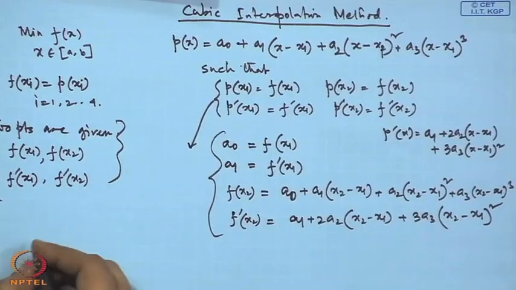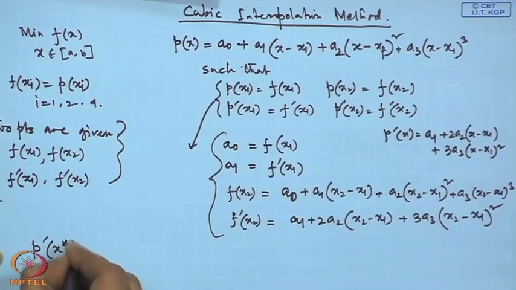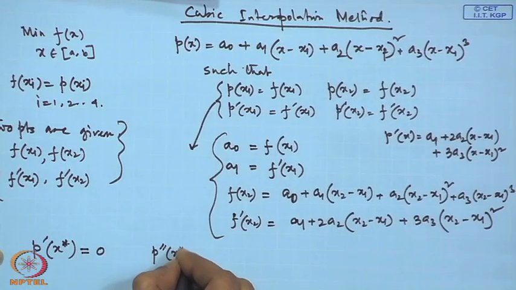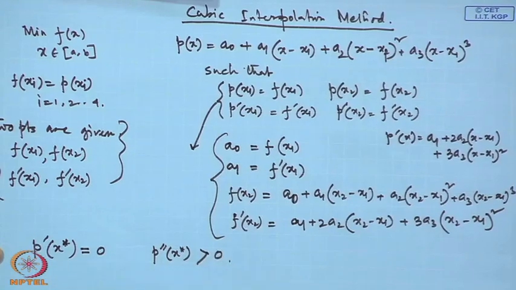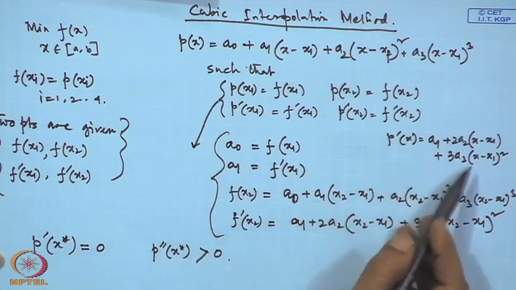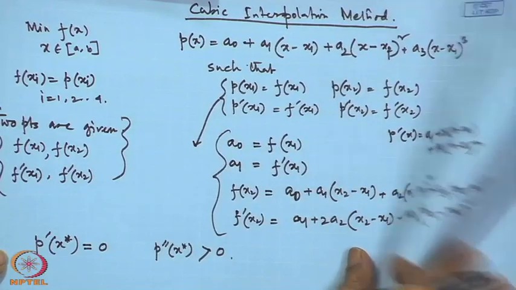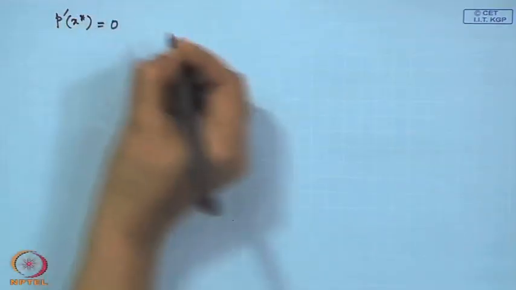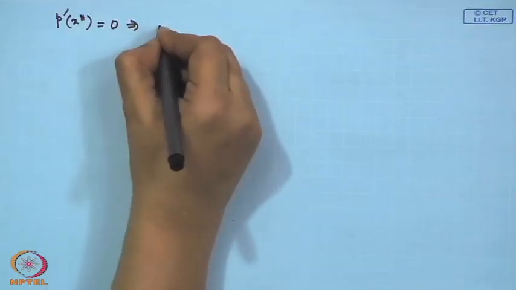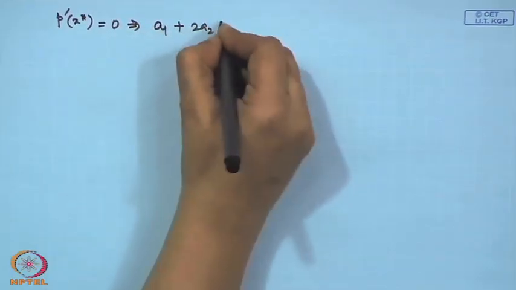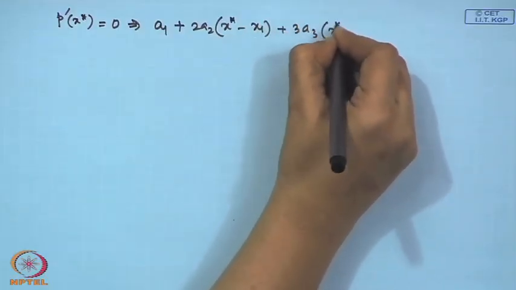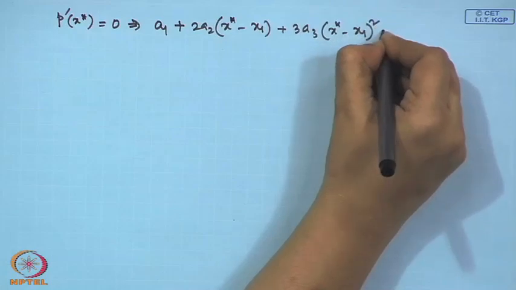Again, we declare the necessary condition for an optimum: P prime x star is equal to 0. Not only that, for minimization P double prime x star must be greater than 0. If we equate P prime x star to 0, that means A1 plus 2 A2 (x star minus x1) plus 3 A3 (x star minus x1) square is equal to 0.